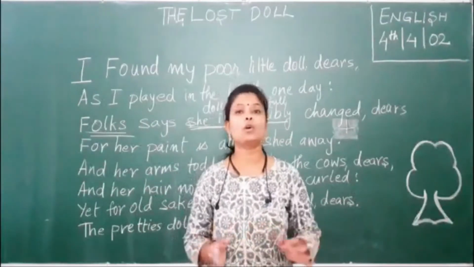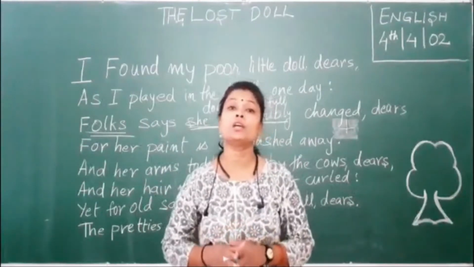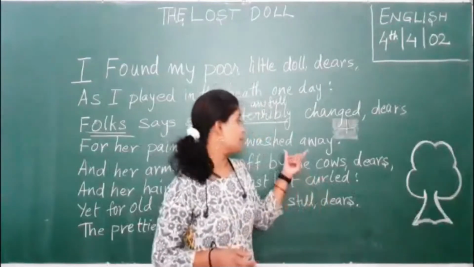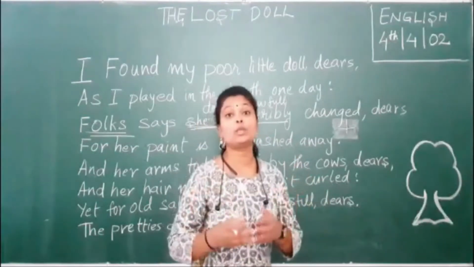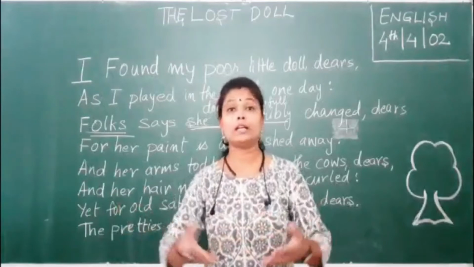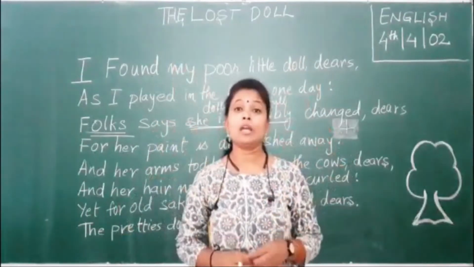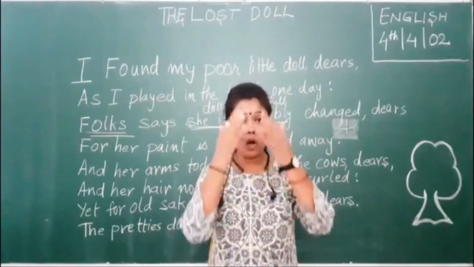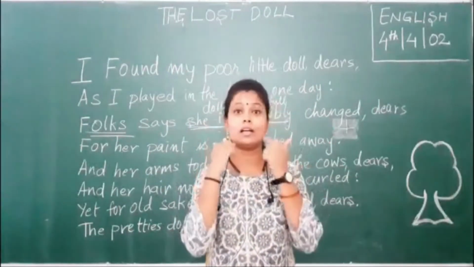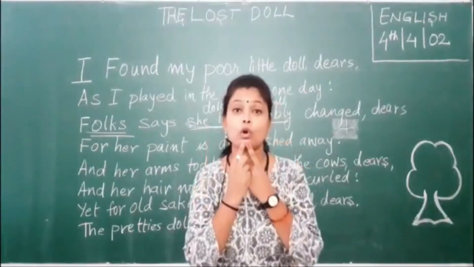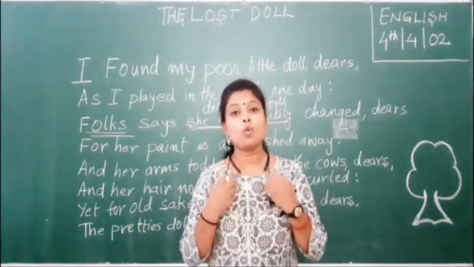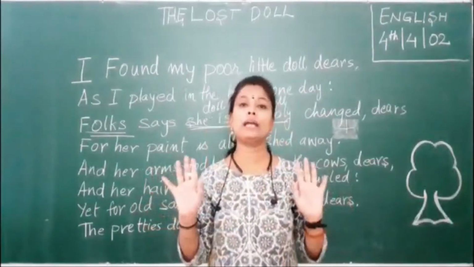She is no more looking that beautiful. It could be washed away by the rain, as it was lying open on the ground. Possibly there was rain, and due to the rain, all the color onto her mouth or onto her face was washed away.